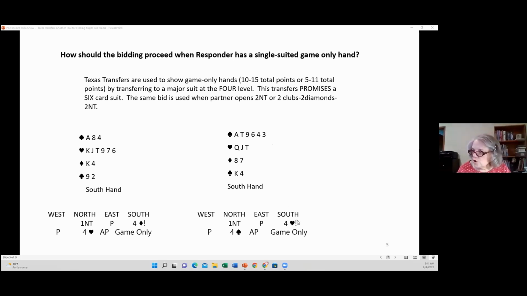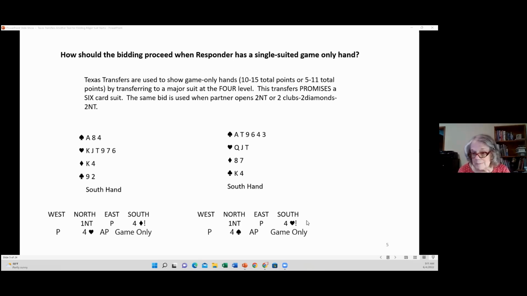1 no trump, 4 hearts, and I will caution you right here, right now. Many is the time that an opener has forgotten that 4 hearts is not to play. Expect to play in a transfer suit at least once. It would be unusual if it didn't happen to you at least once.